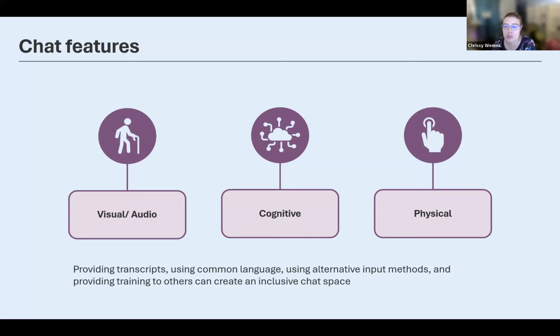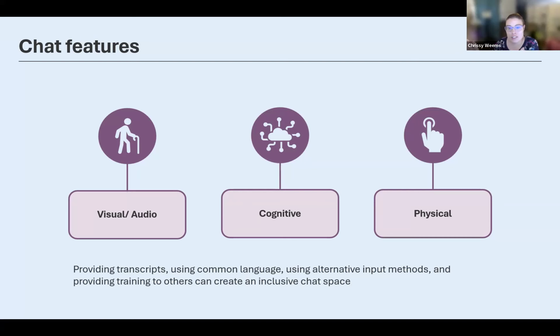If somebody has a visual impairment, it can turn chat interfaces into confusing mazes. They may not be able to see or comprehend what's going on fully. So using clear formatting and using alternative text descriptions for images can really help ensure that everyone can navigate and understand the conversation.